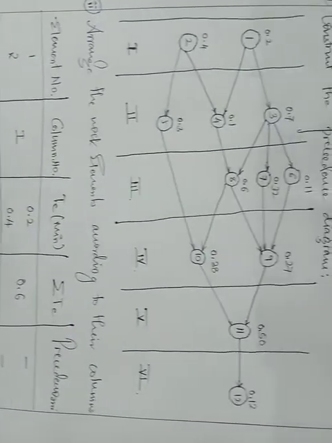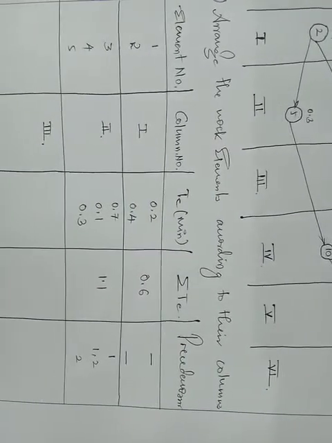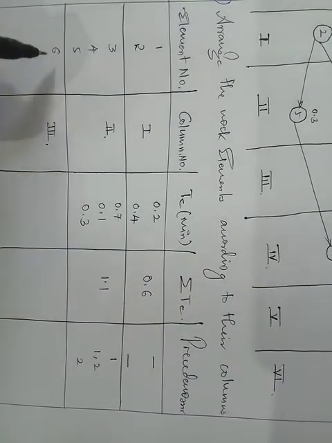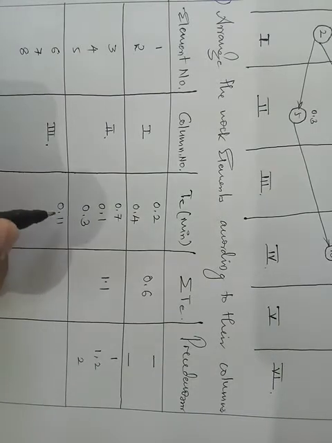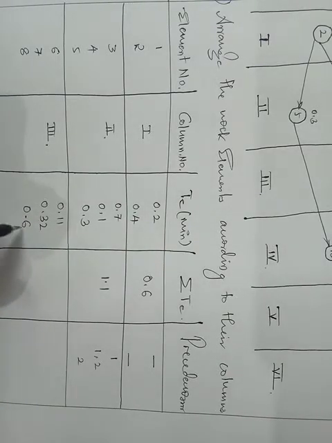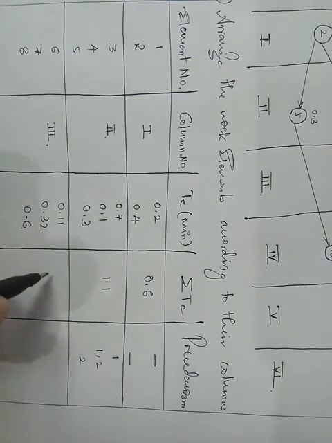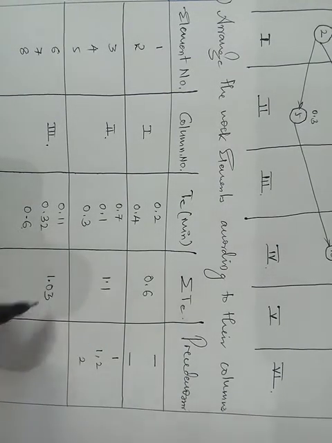Check the elements in column 3: 6, 7 and 8. Okay, so I need to write 6, 7, 8. Work element times for 6 are 0.11, for 7 is 0.32 and for 8 is 0.6, right? And the total work element time is 1.03.